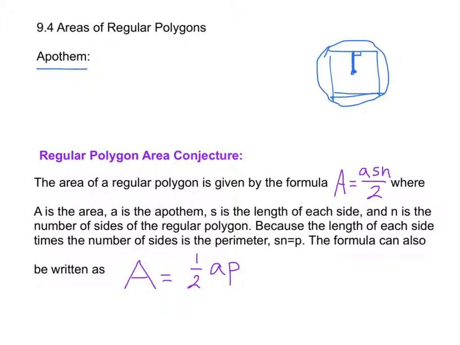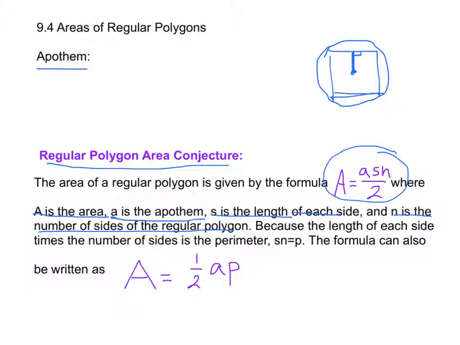This comes into play in the regular polygon area conjecture, which says that the area of a regular polygon is given by the formula A equals lowercase a times s times n over 2, where uppercase A is the area, lowercase a is the apothem, s is the length of each side, and n is the number of sides of the regular polygon.